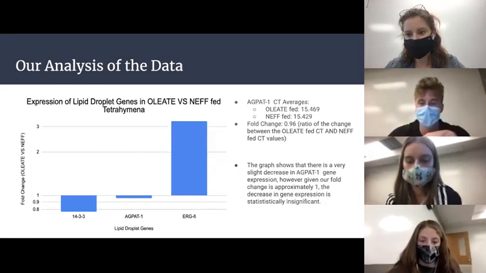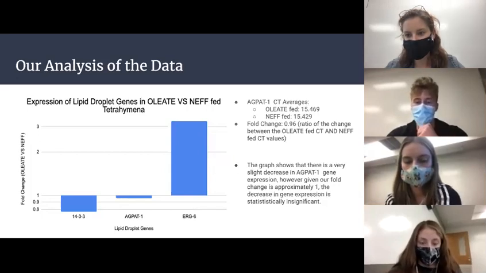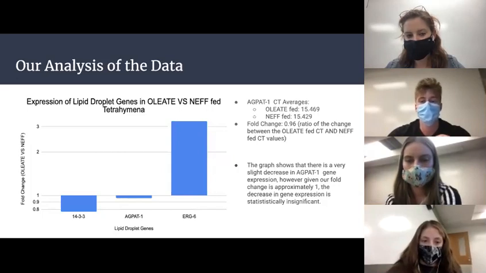And this is represented by the fold change. The fold change is essentially the ratio of change between the oleate fed CT and the NEF fed CT values. When the fold change is above 1, that would indicate an increase of gene expression, and when it's below 1, it would indicate a decrease in gene expression.